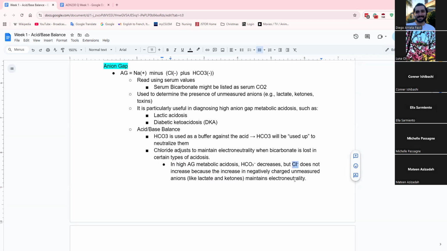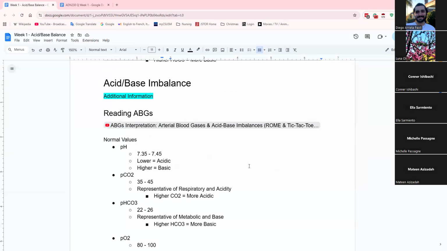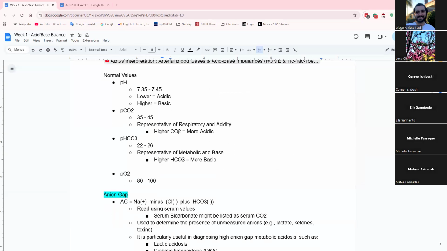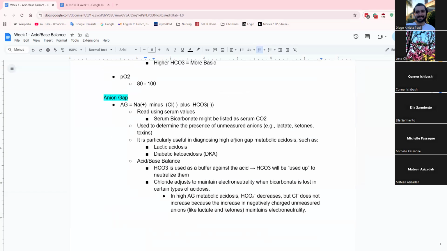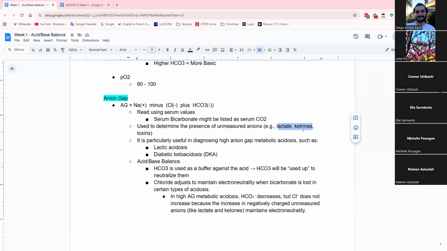So examples of something where the anion gap will be normal would be a respiratory acidosis, like a COPD patient, because the reason they're acidotic is because of the higher levels of CO2, rather than because of a buildup of lactates and ketones that are causing the formula to be changed.